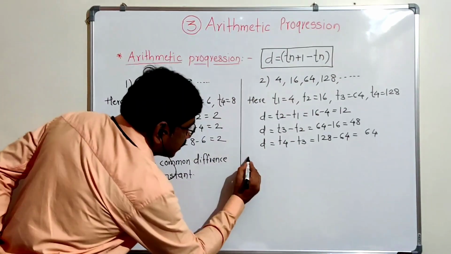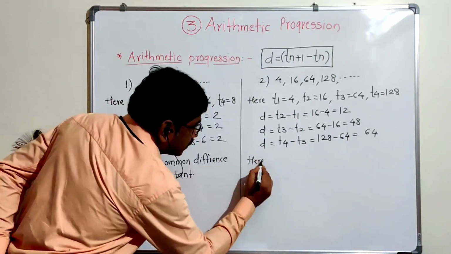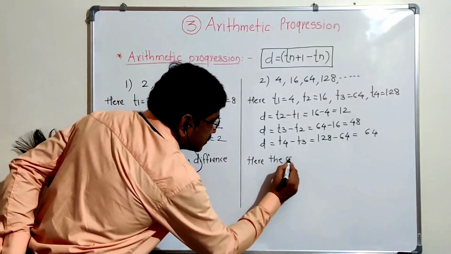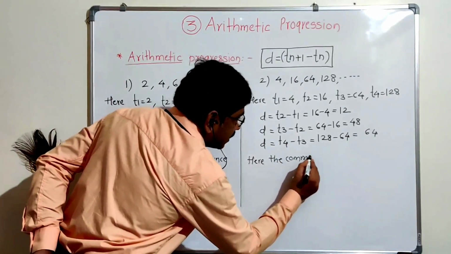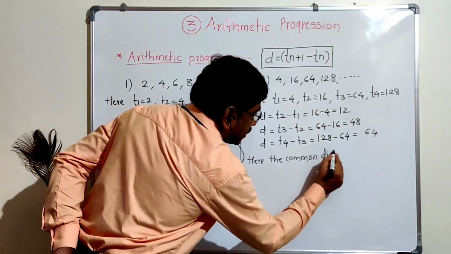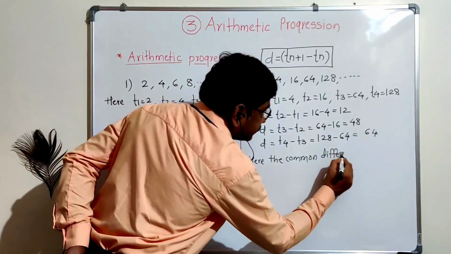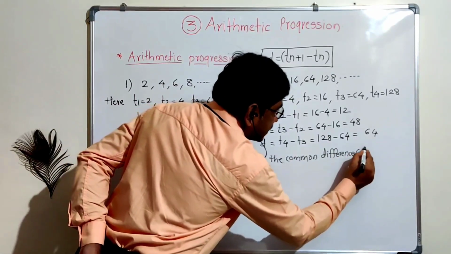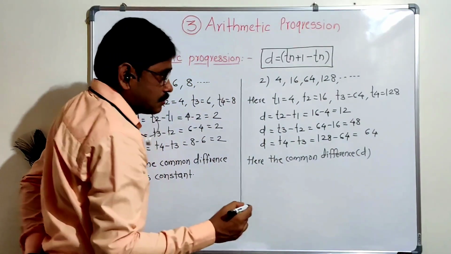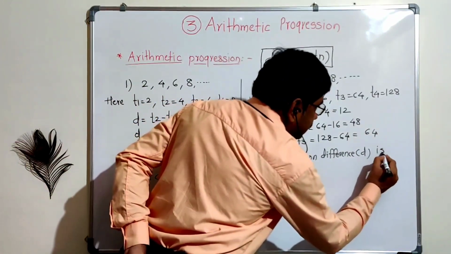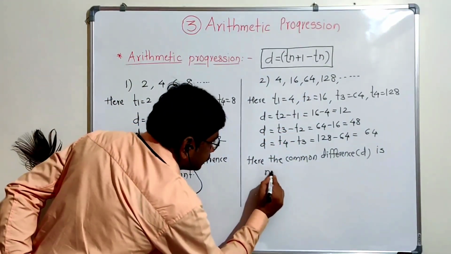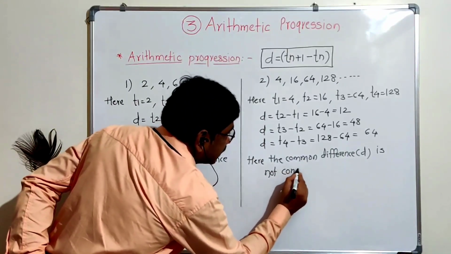And here what is our conclusion? Here the common difference in this example, denoted by small d, is not constant.